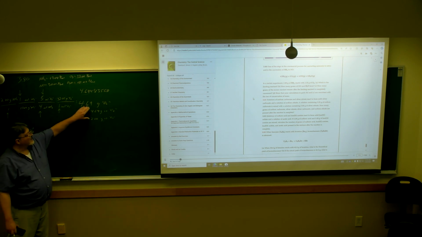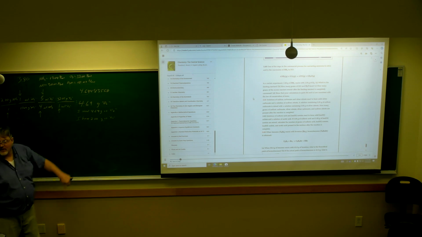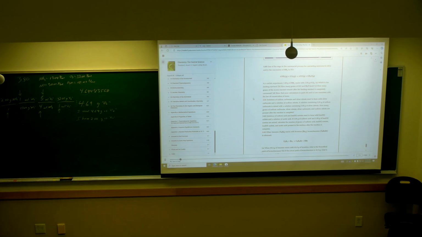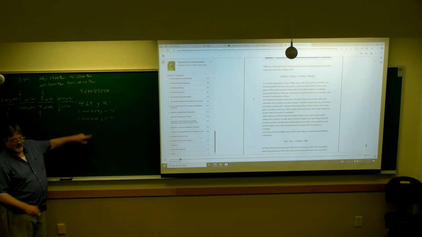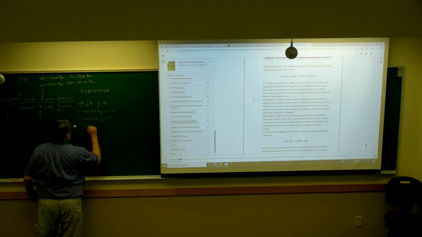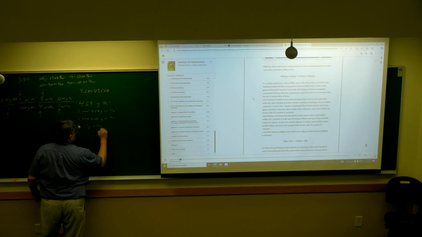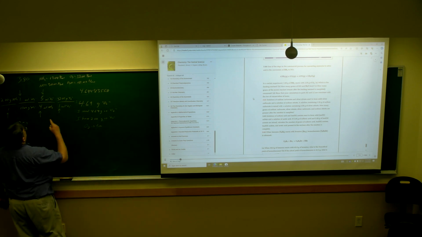This is how much I need, but this is how much I have. O2 is limiting? Yes, O2 is limiting. I don't have enough. So O2 is limiting, and the other one, NH3, is excess.